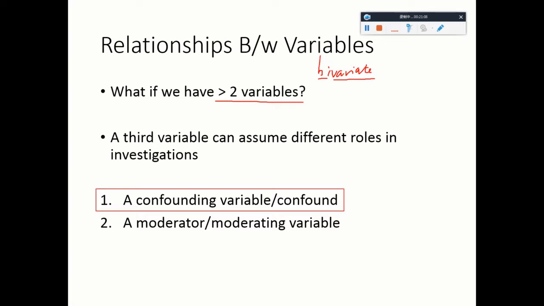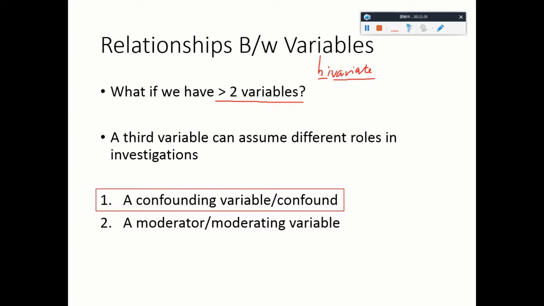All right, so there are two situations that we will discuss. The first situation is when the third variable is a confounding variable, or simply a confound. The second situation that involves a third variable is when that third variable is a moderator or a moderating variable.